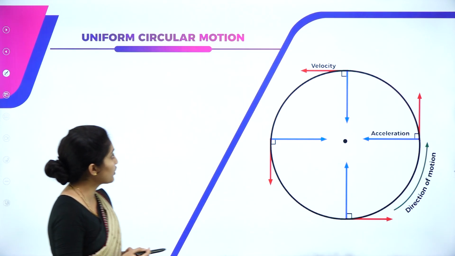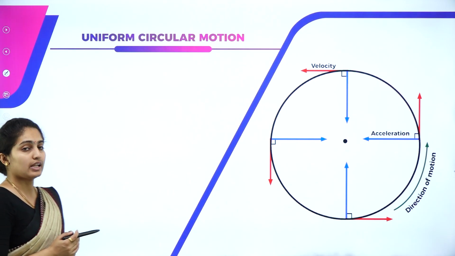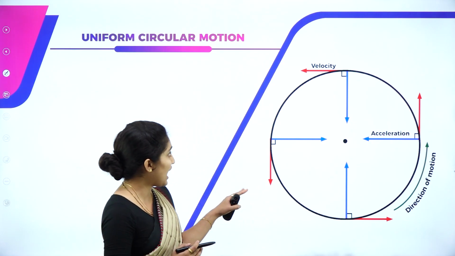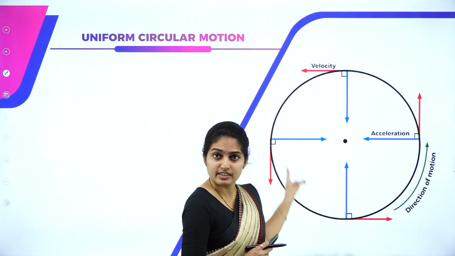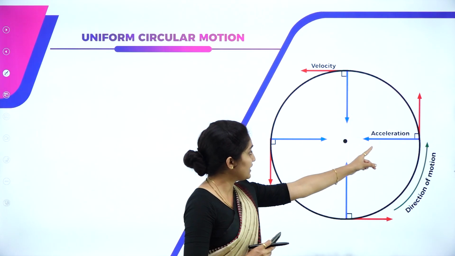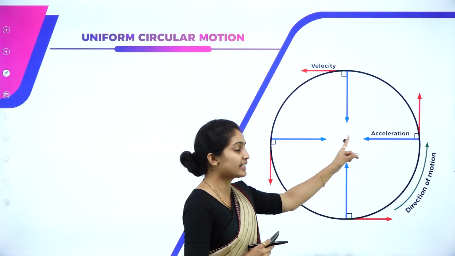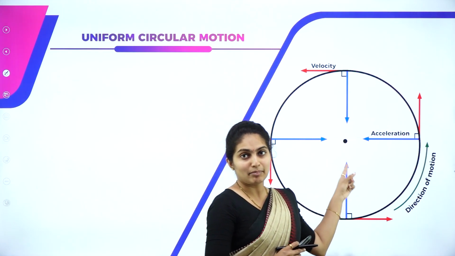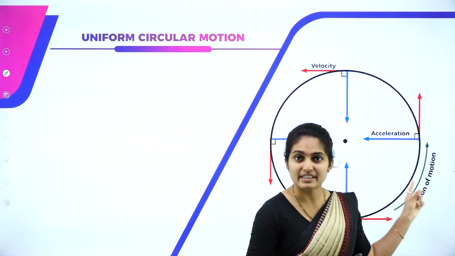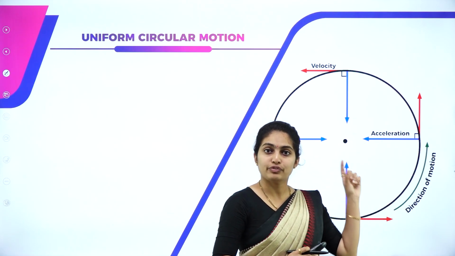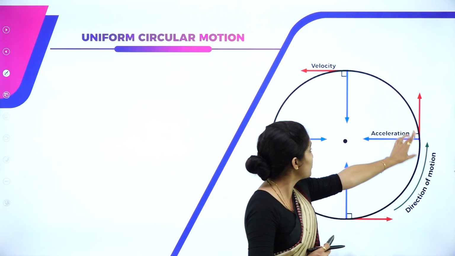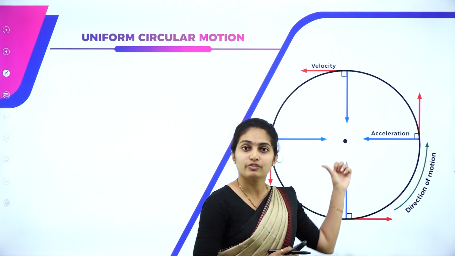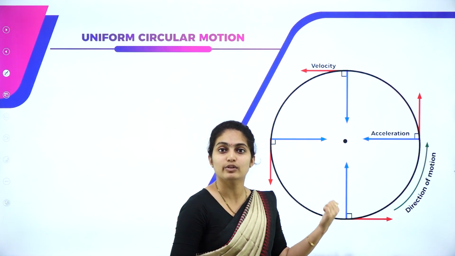Next we are going on to uniform circular motion. What is meant by uniform circular motion? Here we have the center and the circumference of a circle, and the acceleration is acting towards the center, which we name centripetal acceleration. The force on an object moving around a circle is acting towards the center, so we call it centripetal force.